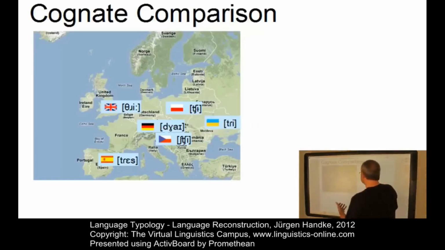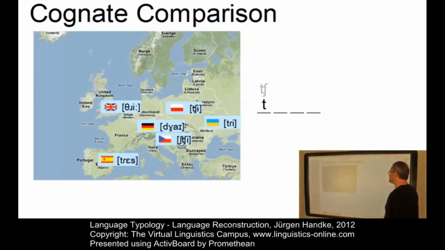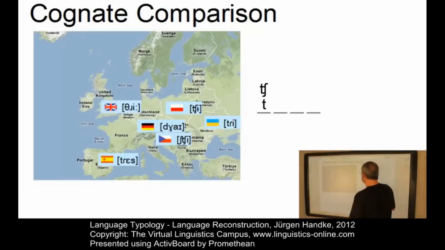Now in looking at these words we see amazing parallels. Some languages have an alveolar plosive in the initial position, others have an affricate like Czech or Polish, or a fricative as in English. The next segment is in many languages some sort of R again, which can be an approximant, a trill, or a fricative.